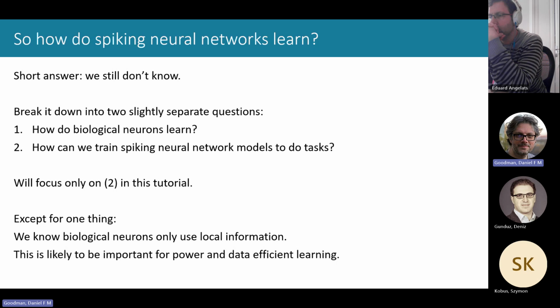And that's really interesting because that is likely, first of all, that's challenging in machine learning as well. To achieve good performance using local learning in a machine learning setting is really difficult. The brain seems to have a really good solution for that. And it's also likely to be useful for both power and data efficient learning.